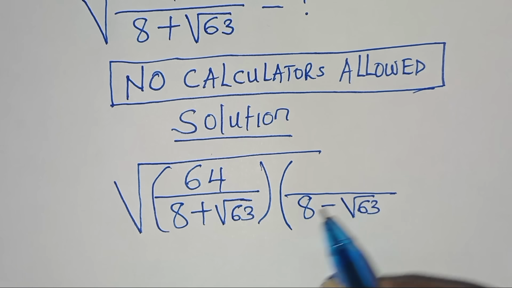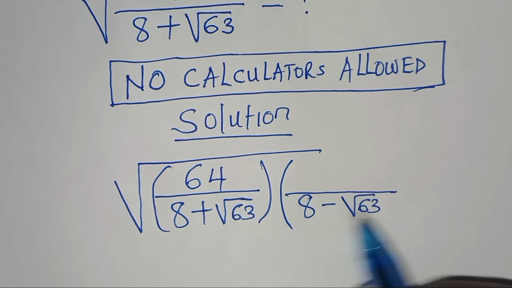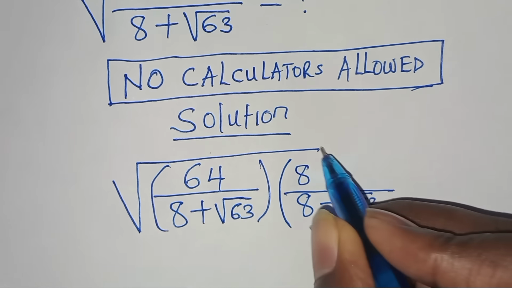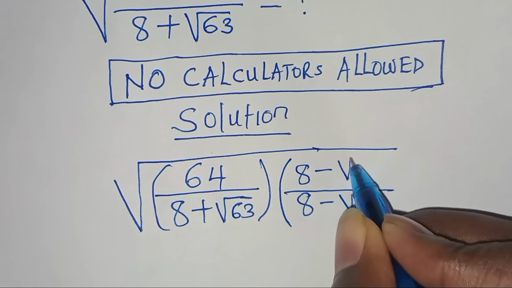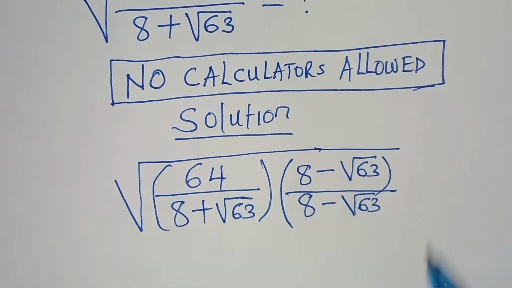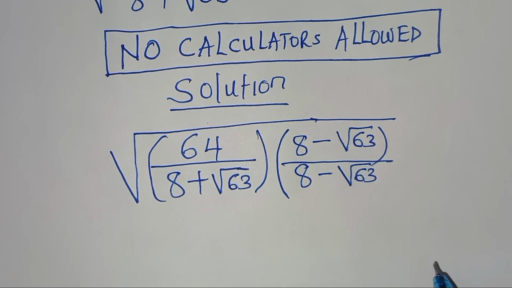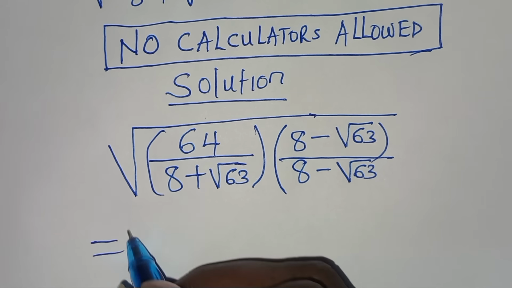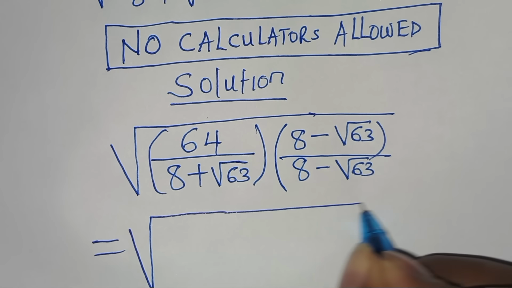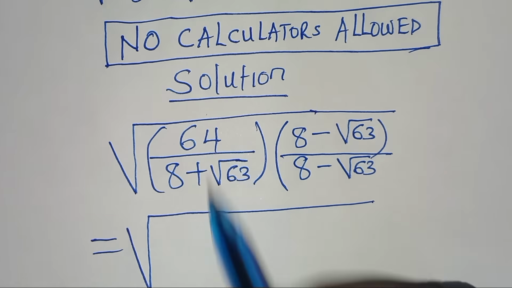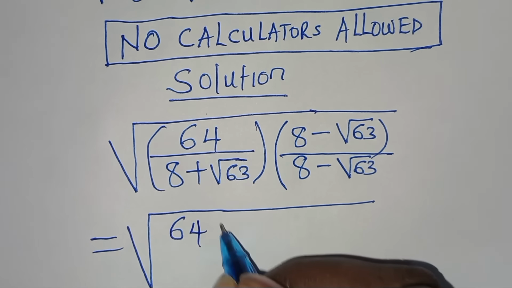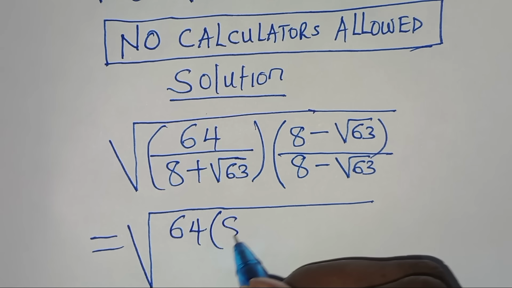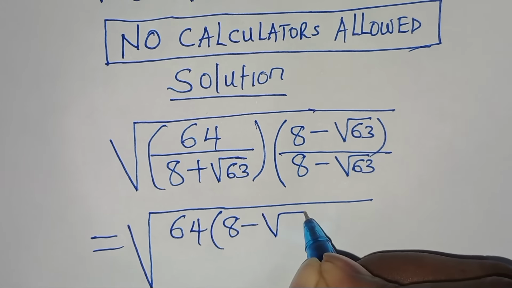We introduce this conjugate in the denominator as well as in the numerator. So we have 8 minus square root of 63. The next step: we have the square root of 64 times the parentheses 8 minus square root of 63.